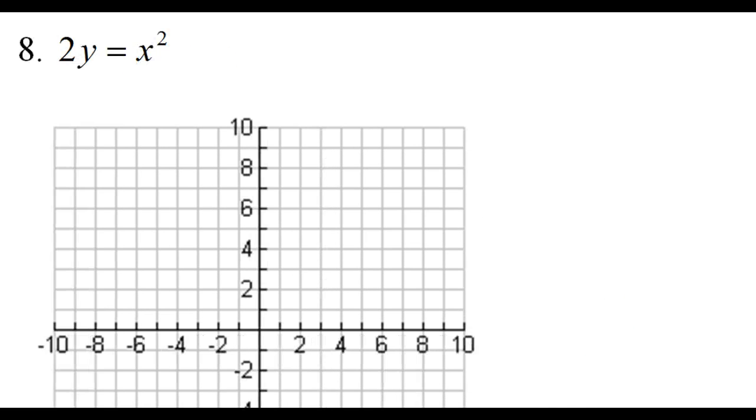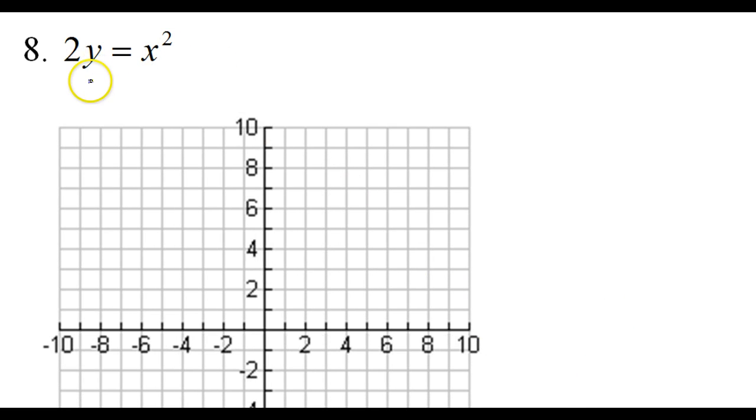So looking at number 8, is this going to be up, down, left, or right? Well, let's see. y equals x squared. That's normal, alright? And everything is positive, so that's going to be an upward facing graph. So this will be up.